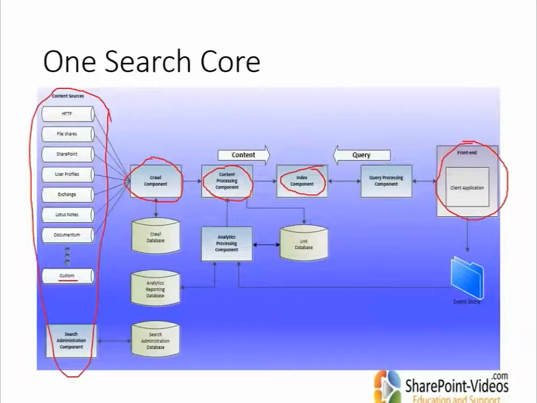It can be a search center, it can be any search report, it can be your application that's using the search APIs, etc. So we do have a client application that sends some queries to the query processing component. This query will get processed. I will explain it later. And of course, it gets the results from the indexing component. So the results are getting back to the query processing component, and the query processing component will provide those results to the client application.